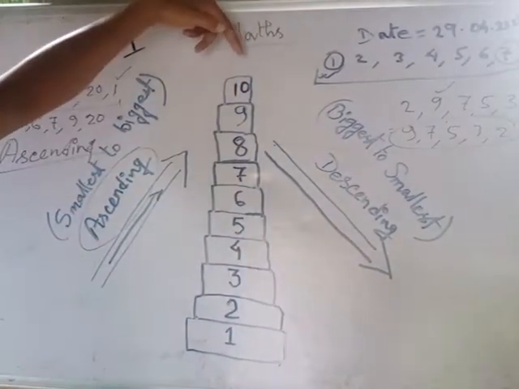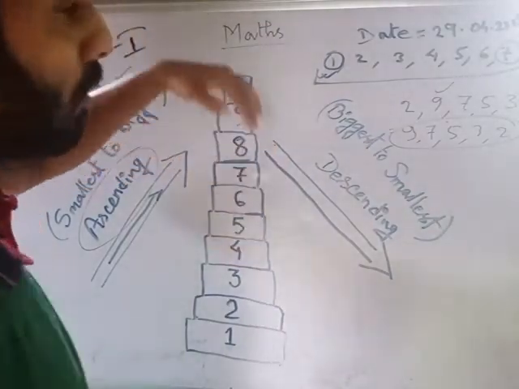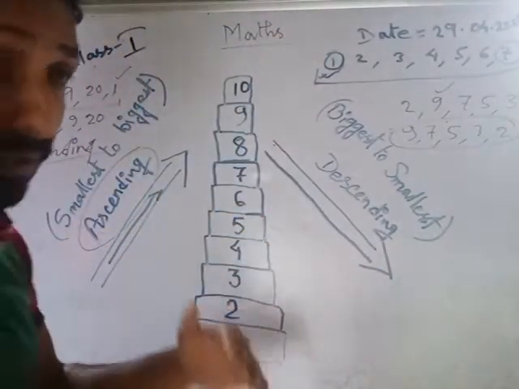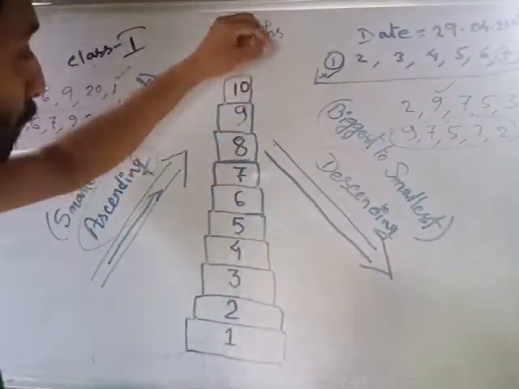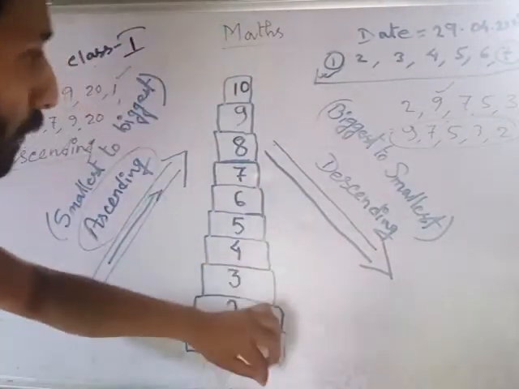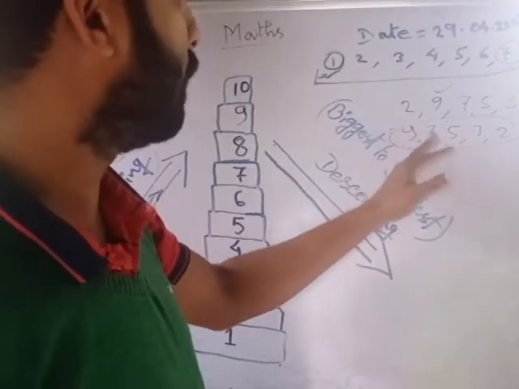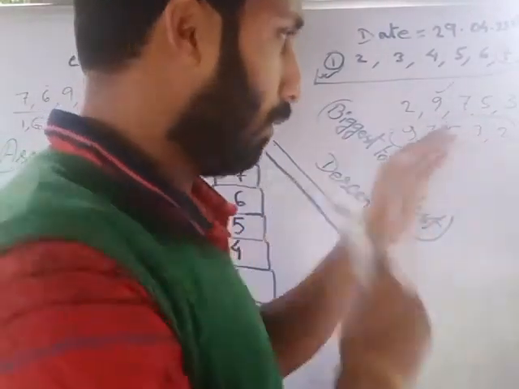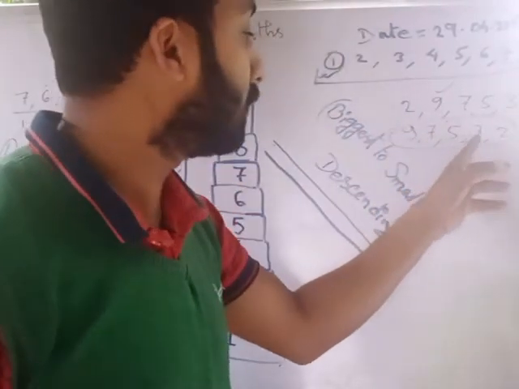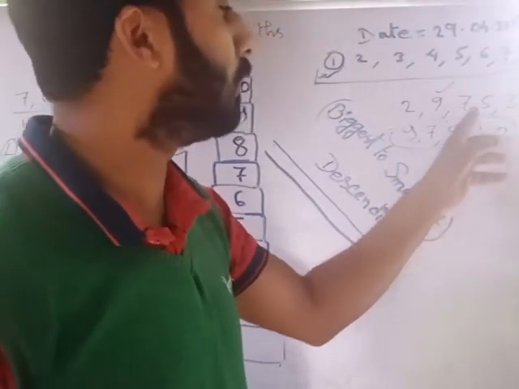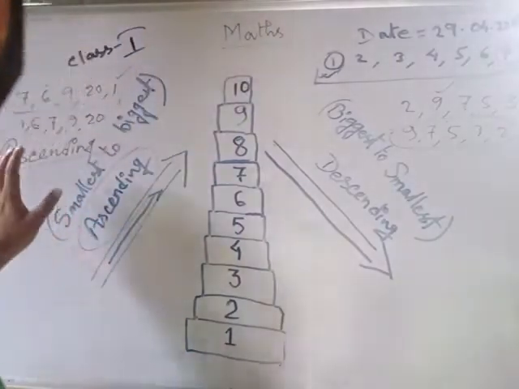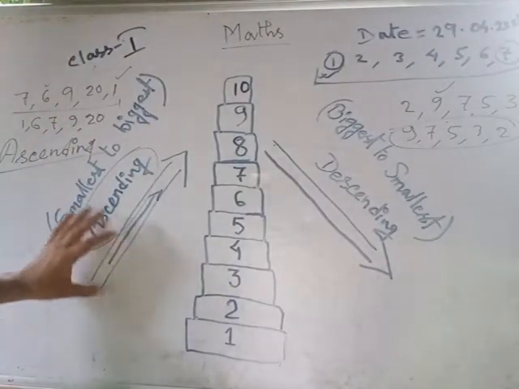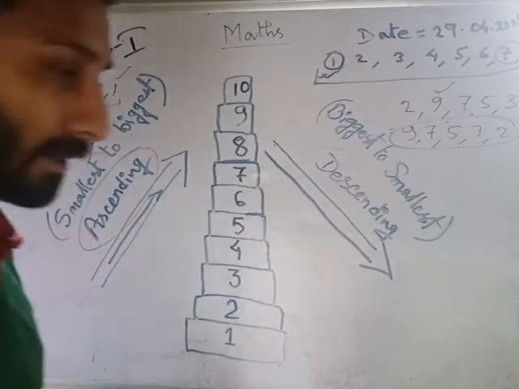That means you go back in numbers, or arrange the numbers from biggest to smallest, in before-number order. 9 is before 7, 5 is before 7, 3 is before 5, 2 is before 3. And this one is called the after number. You go to the after number when it is ascending order. Okay.